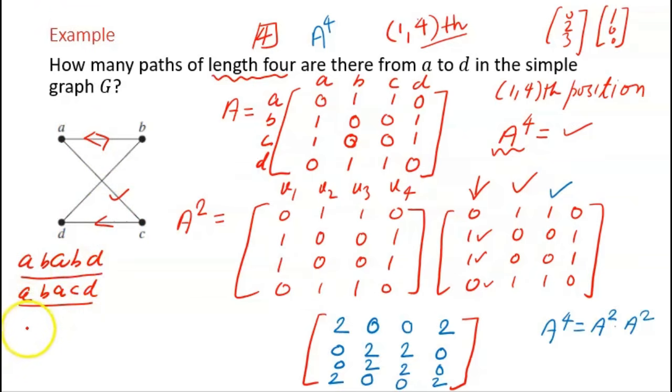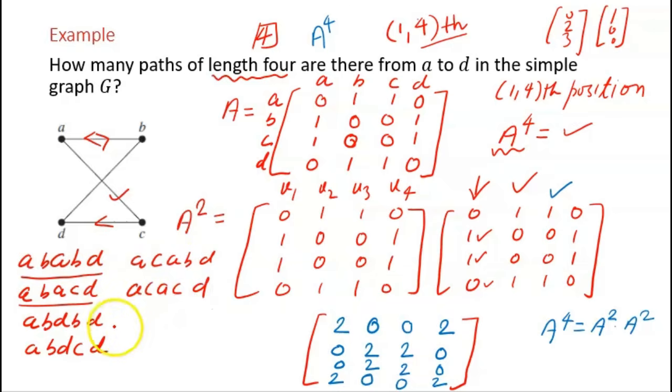The rest of the paths I am going to write, and you can certainly verify them. A, B, D, B, D. Then A, B, D, C, D. Another is A, C, A, B, D. Another is A, C, A, C, D. Then you have A, C, D, B, D. And finally you have A, C, D, C, D. See, I have written it.